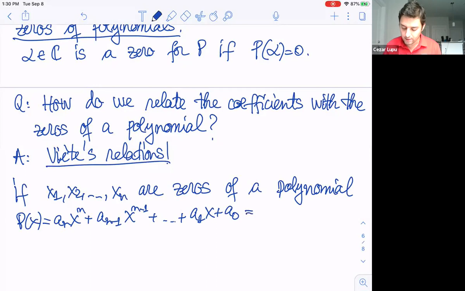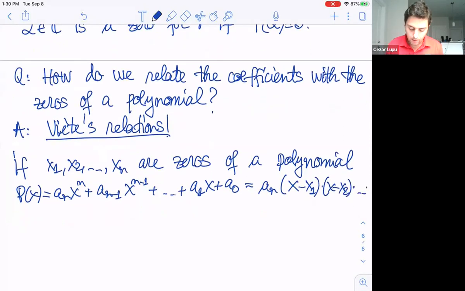There is also a way of writing this as a_n times (x minus x1) times (x minus x2) times ... times (x minus xn), right? Then, if you multiply here and you equate the coefficients, we have the following relations.